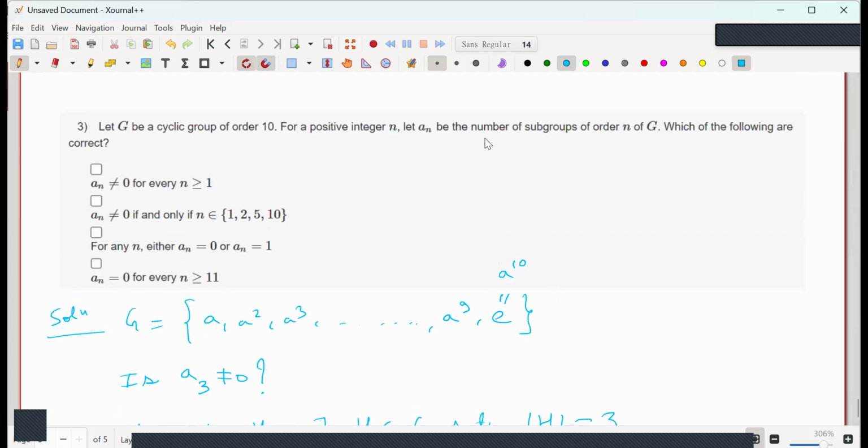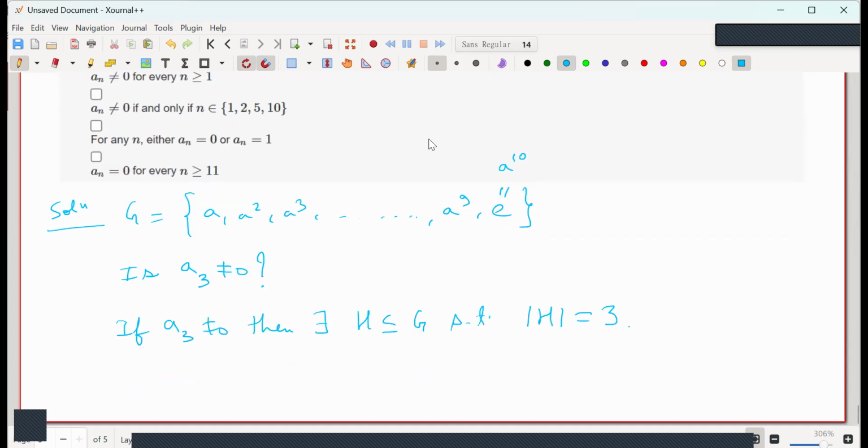An is the number of subgroups of order n of G. So if A3 is non-zero, there is at least one subgroup of order 3. Suppose there is some subgroup of order 3 that contains A cube. H need not contain A cube. Order 3 subgroup means it has 3 elements.